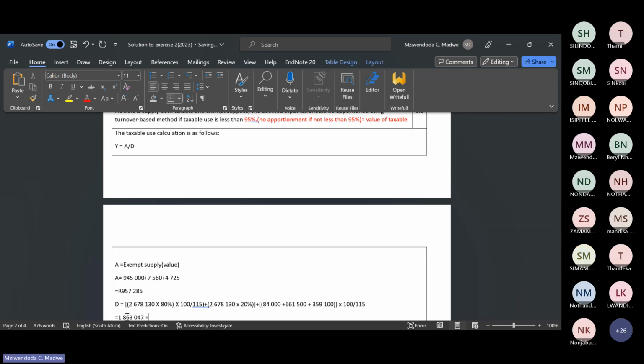Then what is the 20% of 2,678,130? That is 535,626.